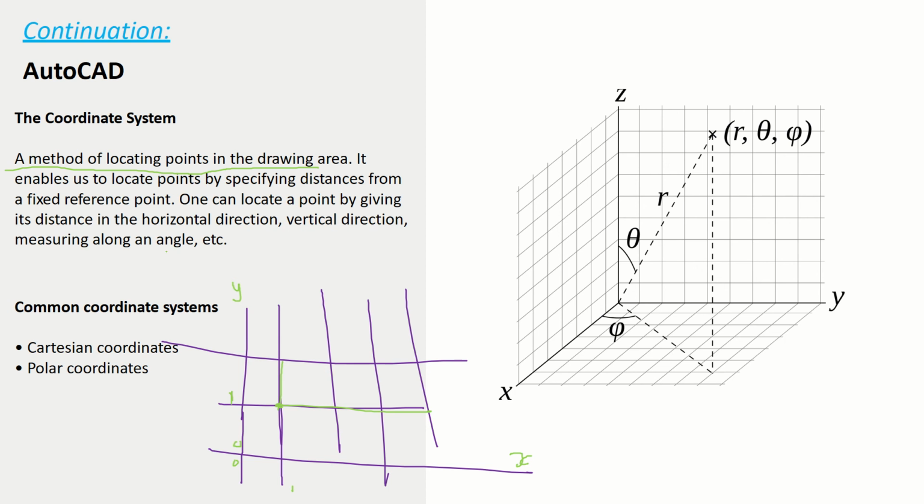So we locate points in the drawing area using coordinate systems, which means we use the x and y axis, or we also use what we call polar coordinates.